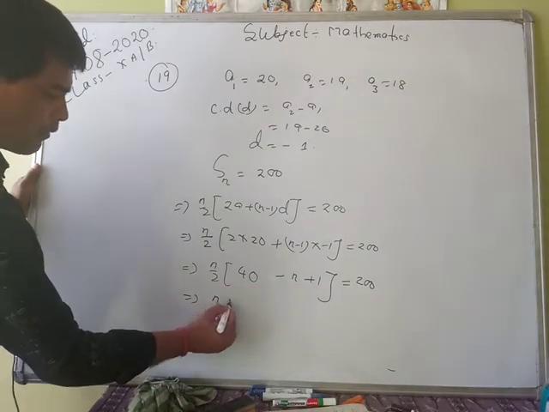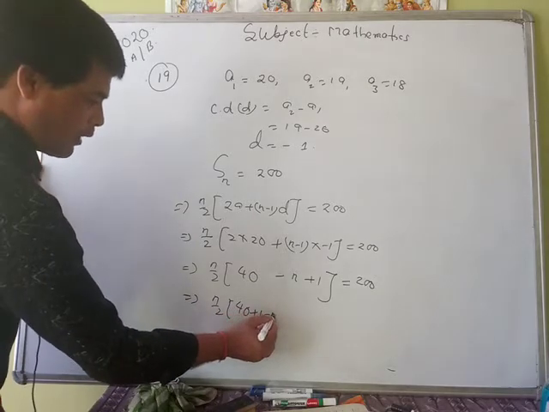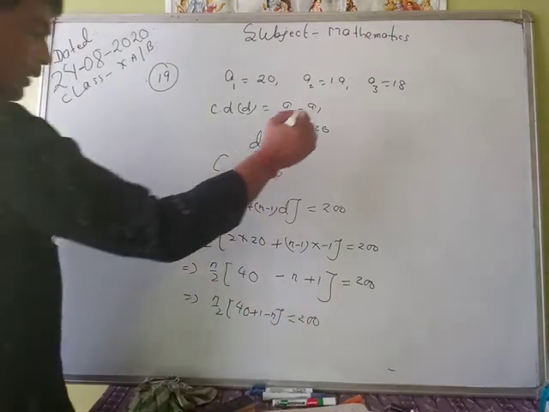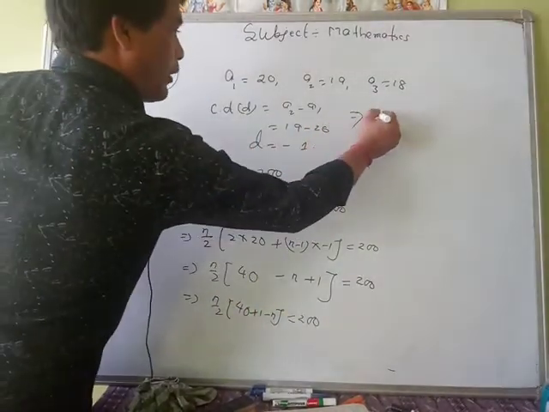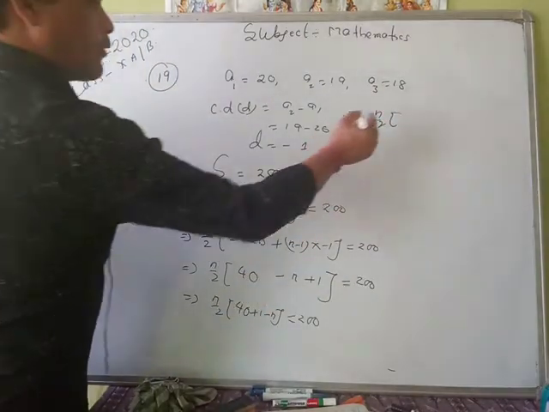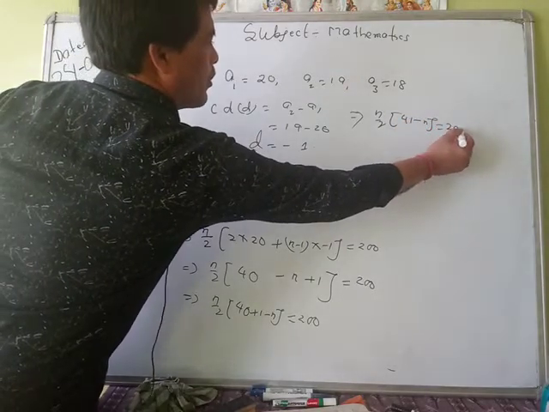N by 2 bracket start 40 plus 1 minus n equal to how much? 200. Then after that we go to here. N by 2 bracket start 40 plus 1 is 41 minus n equal to 200.